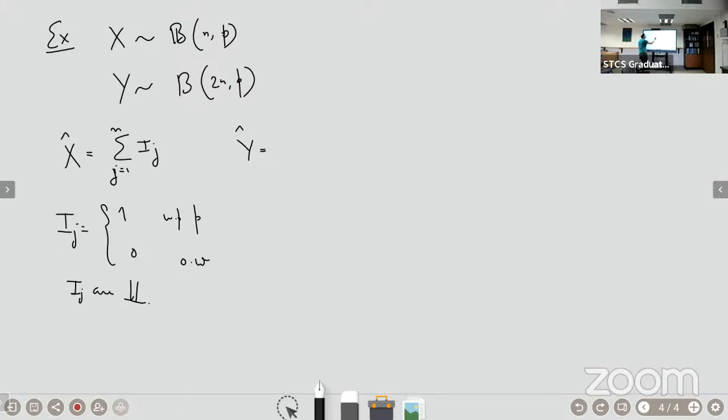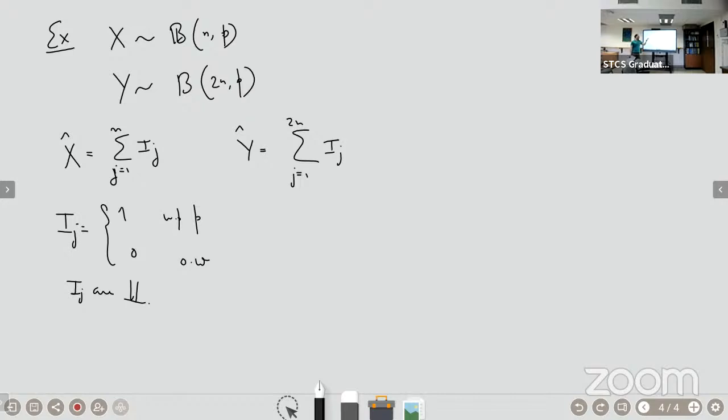So I can do this, and at the same time, I can do this. Now they have the same randomness sitting. I'm just tossing these coins. Whatever results I see, I count here. Whatever results I see, I count here.